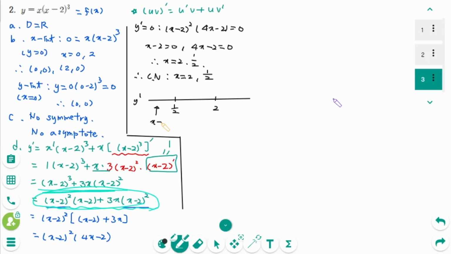When the testing number is 0, use this one. y prime of 0 equals (0 minus 2) squared times (4 times 0 minus 2). Then 4 times minus 2 is minus 8, which is negative.